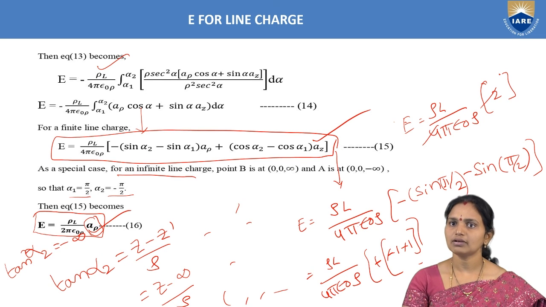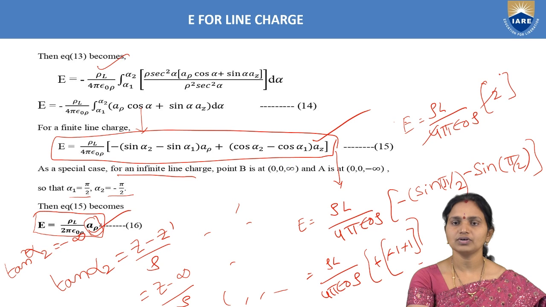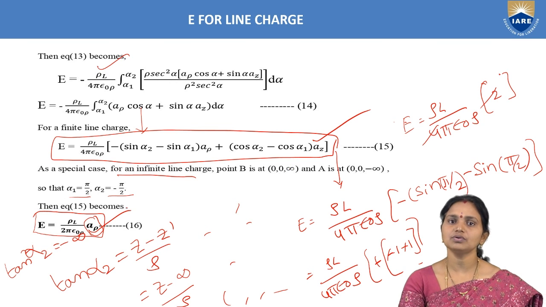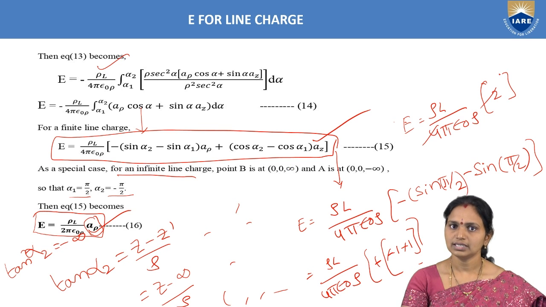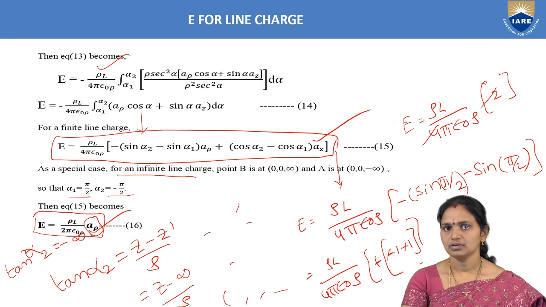Then by substituting alpha 1 and alpha 2 values and simplifying them, the field strength equation in case of infinite line charge is E equal to rho L, that is line charge, divided by 2 pi epsilon naught rho into A rho. And the resultant field component is along only the rho direction.